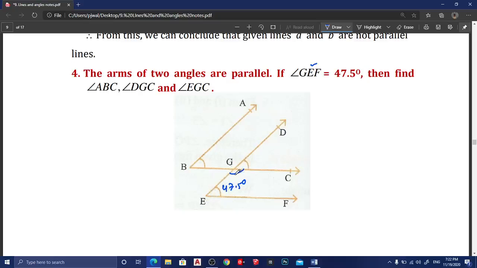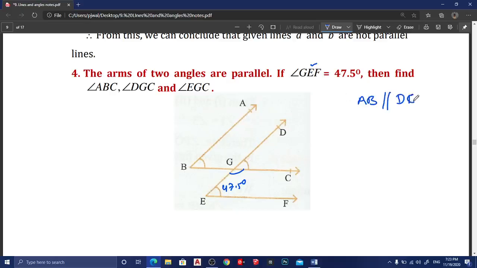This angle you have to find out. Okay, three angles you have to find extra. So now by observing these figures, it is given in the first line itself that AB is parallel to DE.